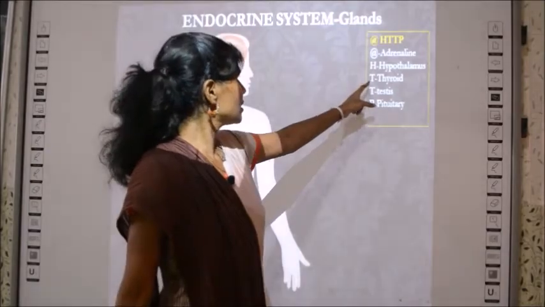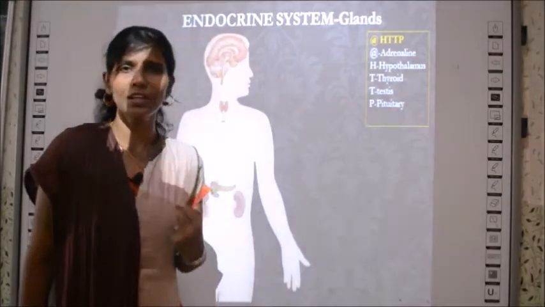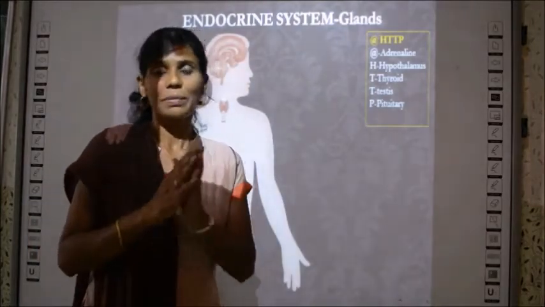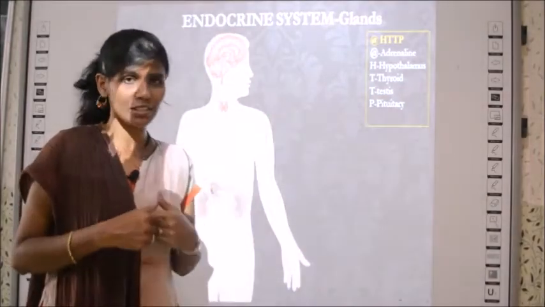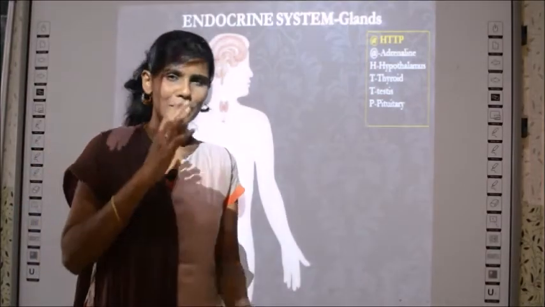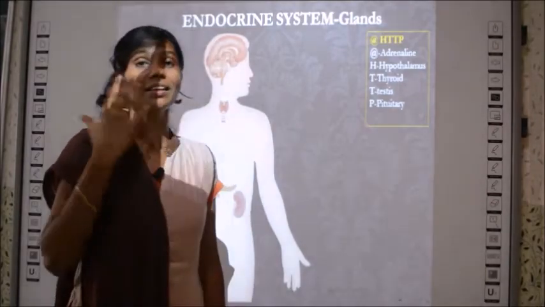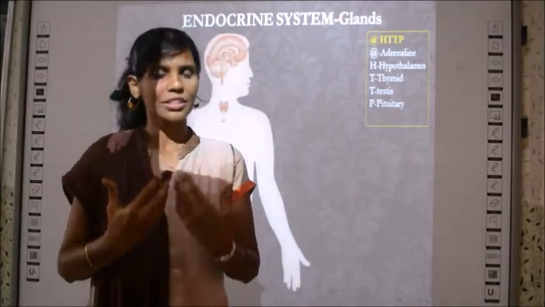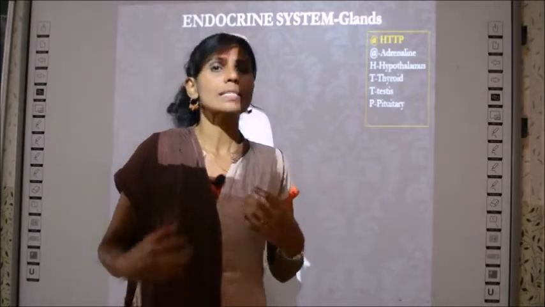Then one more T you have, right? T is for thyroid. This must be commonly known to you, because many mothers or other ladies have this thyroid problem. So this must be familiar to you, right? Where is this gland found? It is found in the neck region. I'll teach you where it is found separately. One more T stands for testis.